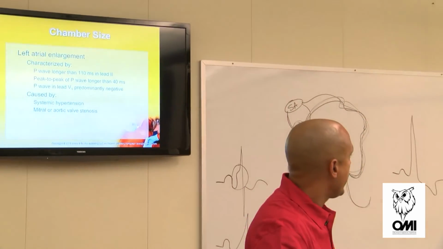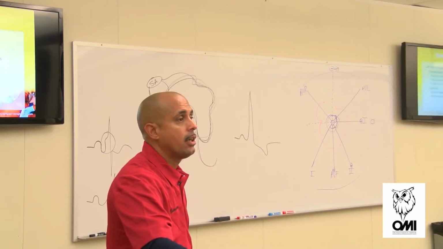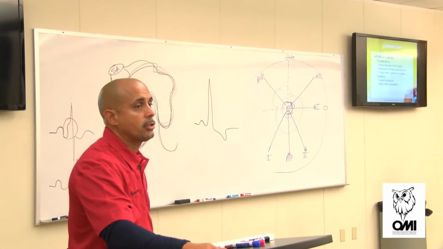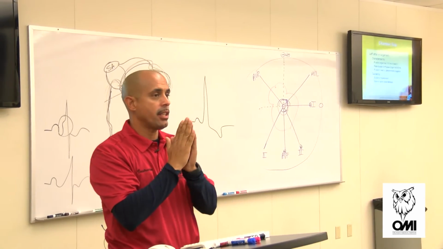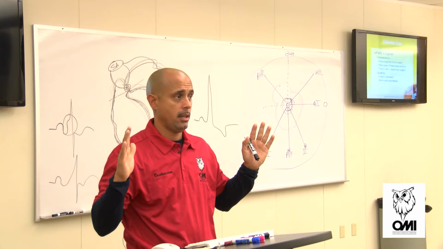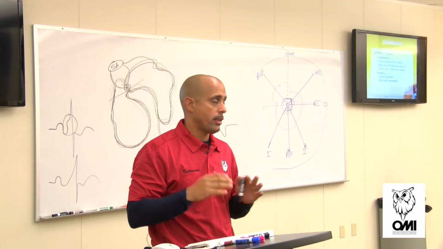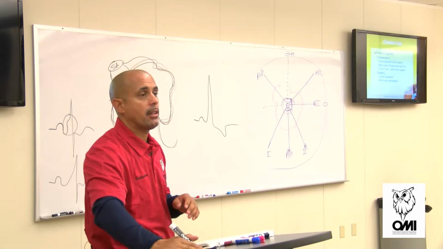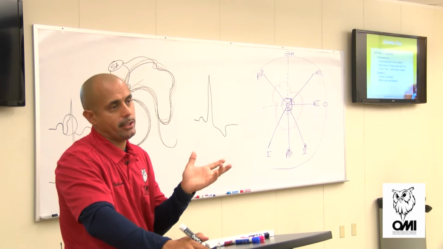Now we talk about left atrial enlargement. The P waves will be longer than 0.11, so almost 3 little boxes. So right is height, left is width. Is everybody with me? Height versus width. We're talking about 2.5 boxes high, and 2.5 boxes wide, just about.